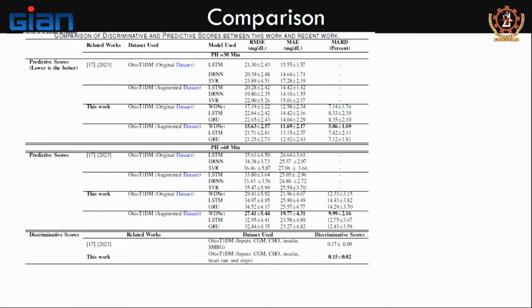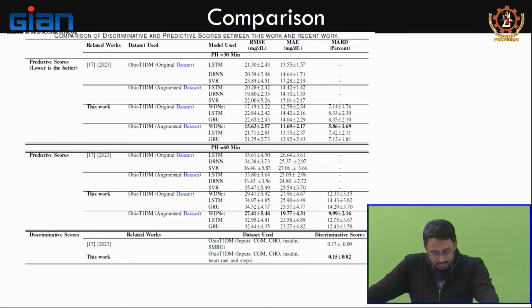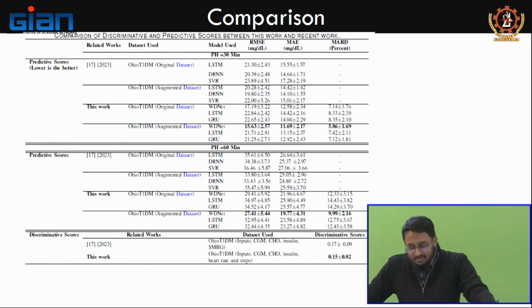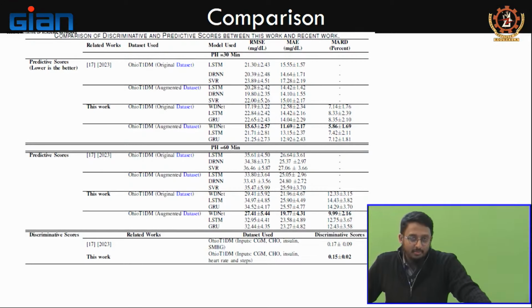Now the question was, how does the generative model that we developed perform in comparison to TimeGAN?